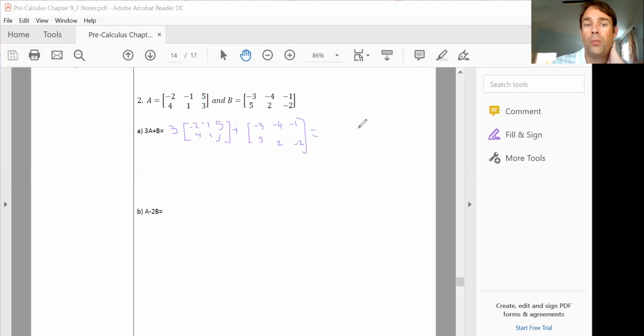We're multiplying it in, and we end up with -6, 12, -3, 3, 15, and 9. And we're going to add that to the next one: -3, 5, -4, 2, and -1, -2. So we did our scalar multiplication. The last thing we have to do is add them all together.